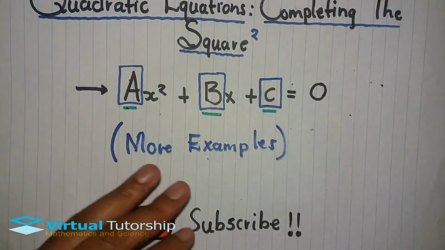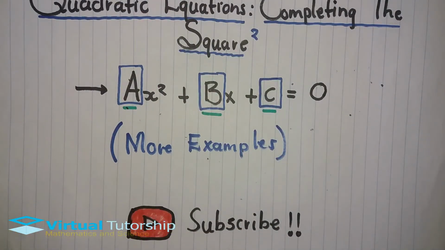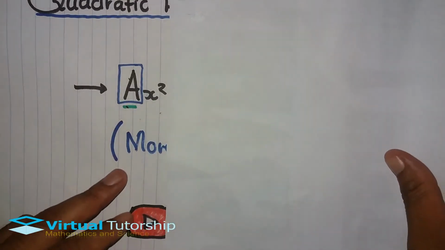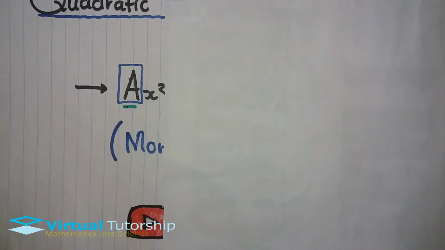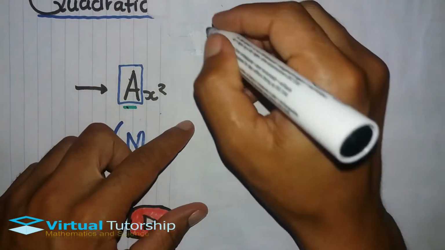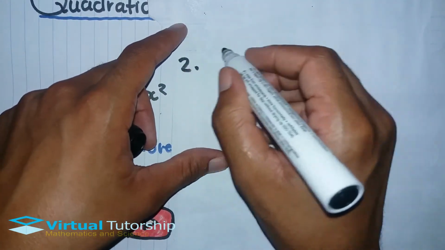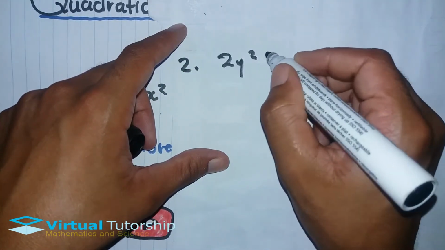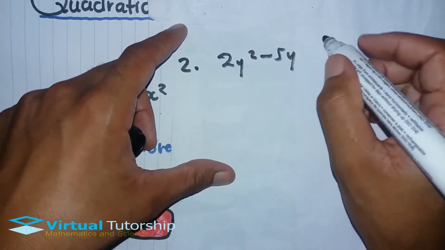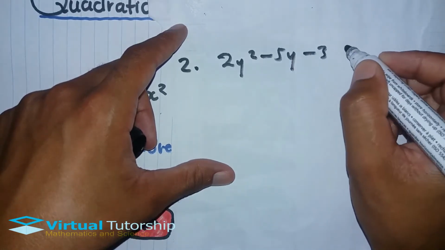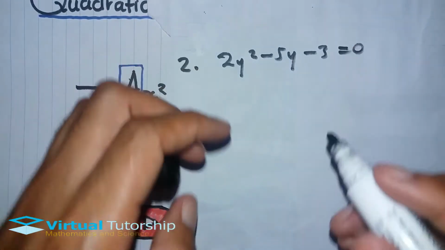So let's do one more example. This one is 2y squared minus 5y minus 13 is equal to 0.